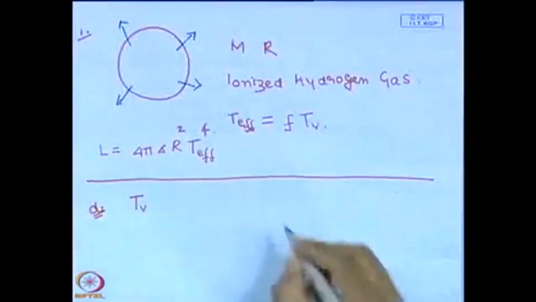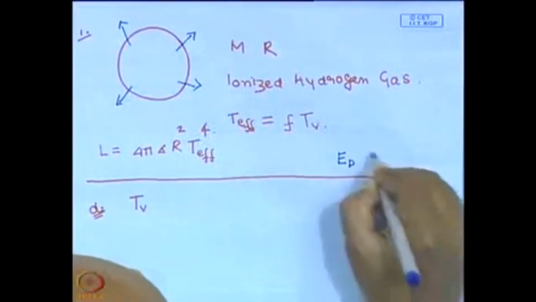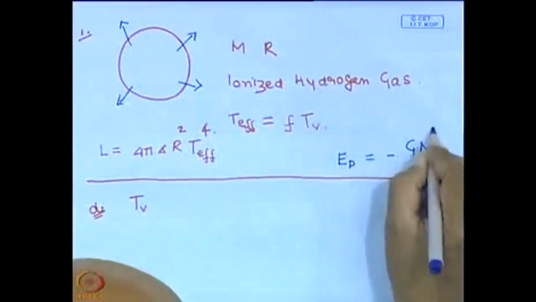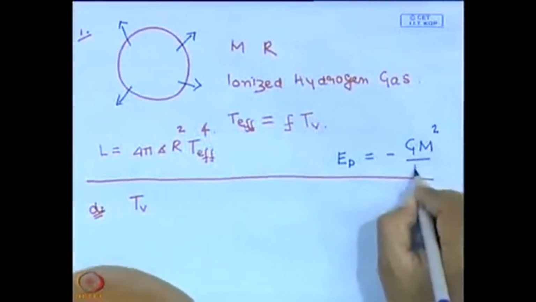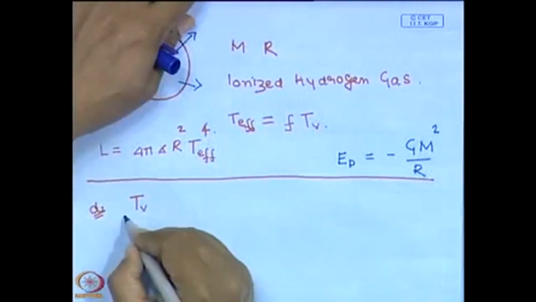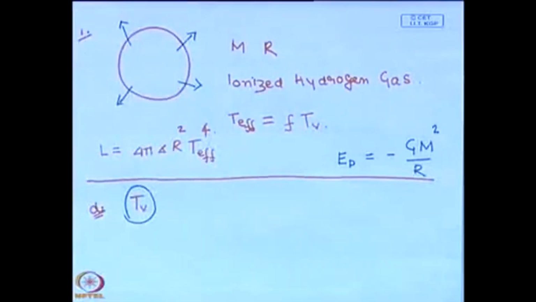And here we will also assume that the potential energy is minus G m square by r. Okay. So, we want to find out how does the virial temperature depend on the mass and the radius of this object.